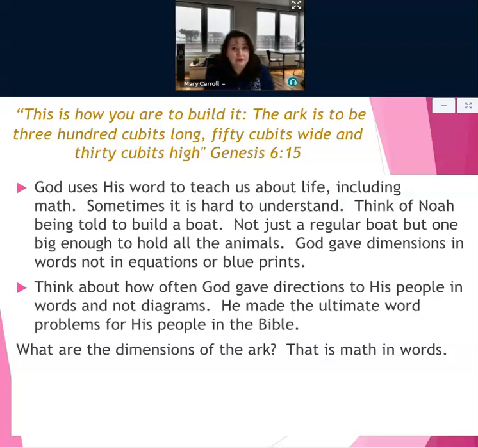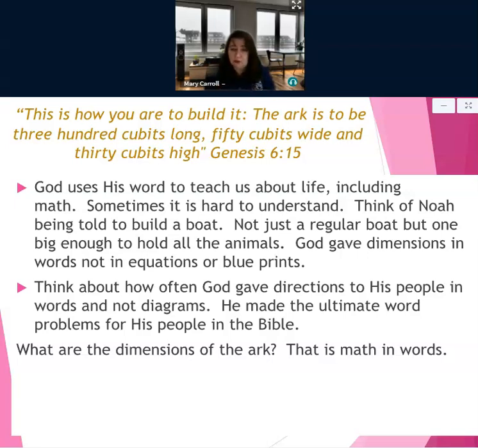God didn't give Noah a blueprint. He just said in words what he wanted him to build, something that he hadn't actually built in that scale before. So God uses his word to teach us about life, including math. Sometimes it's hard to understand. As I said, think about Noah being told to build this big ark to hold all these animals.